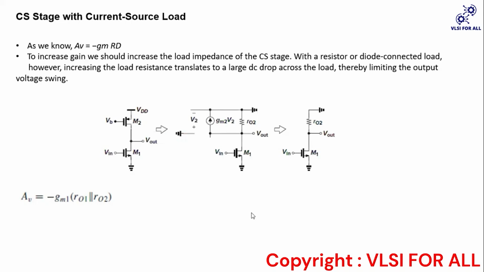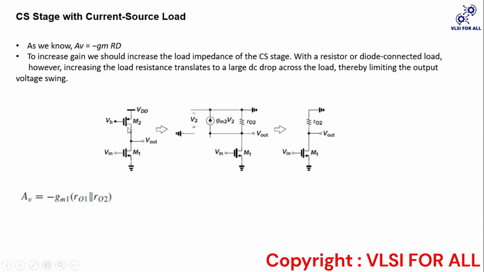Right. So how will we find the gain? To find the gain, from the output side, if we look upward, the resistance will be R02, and if we look from the output downward, the resistance will be R01.